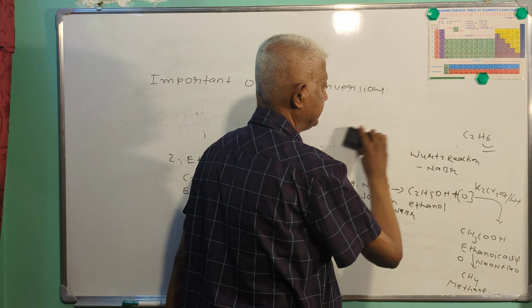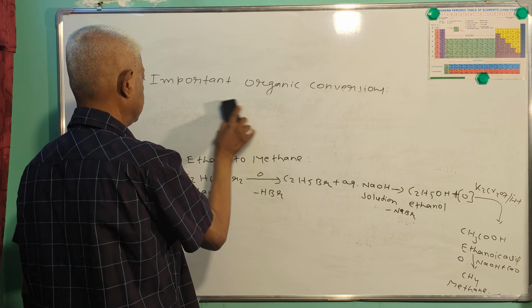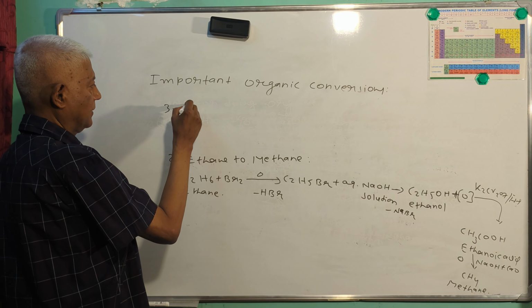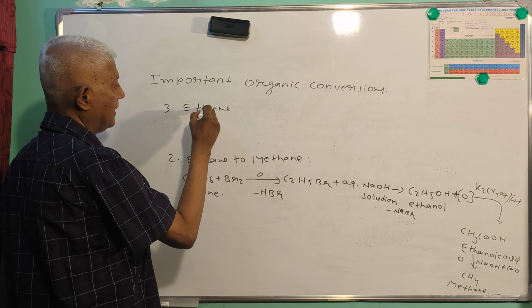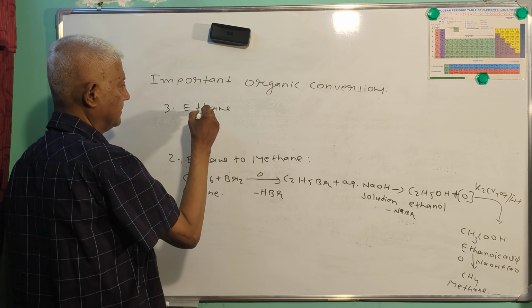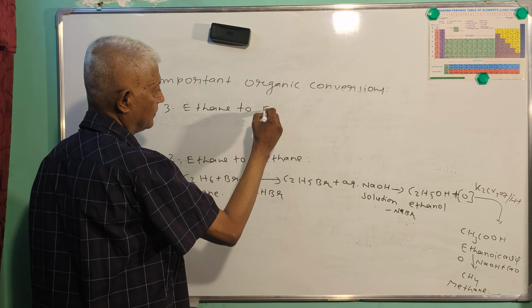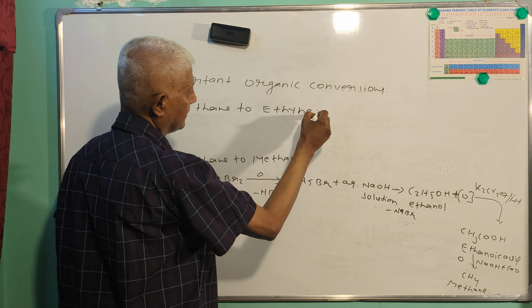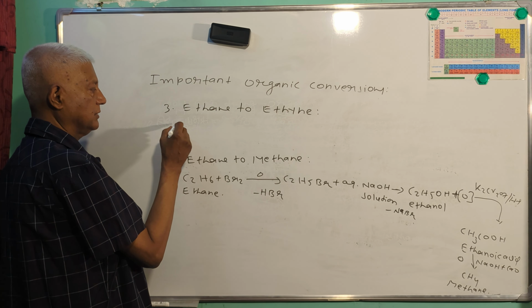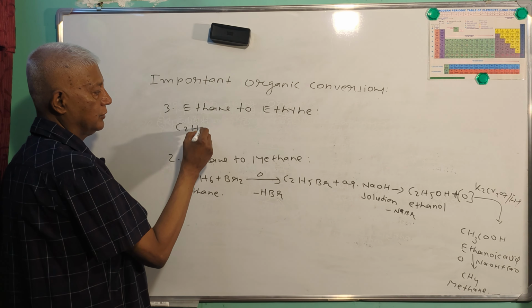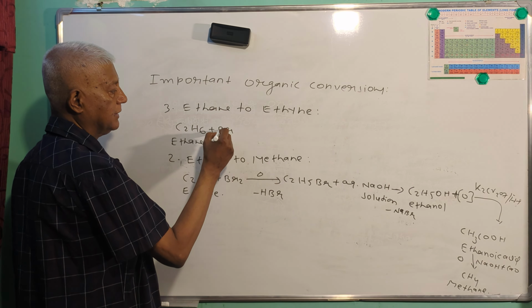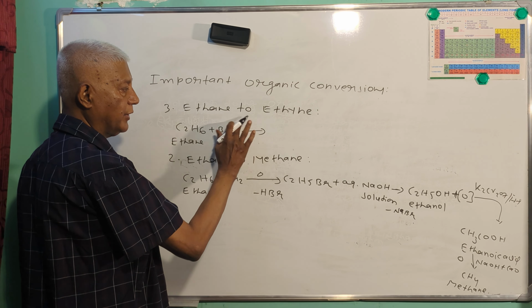Now the third one: ethane to ethyne. That is a single bond to a triple bond. C2H6, that is ethane, is treated with bromine, iodine or chlorine.